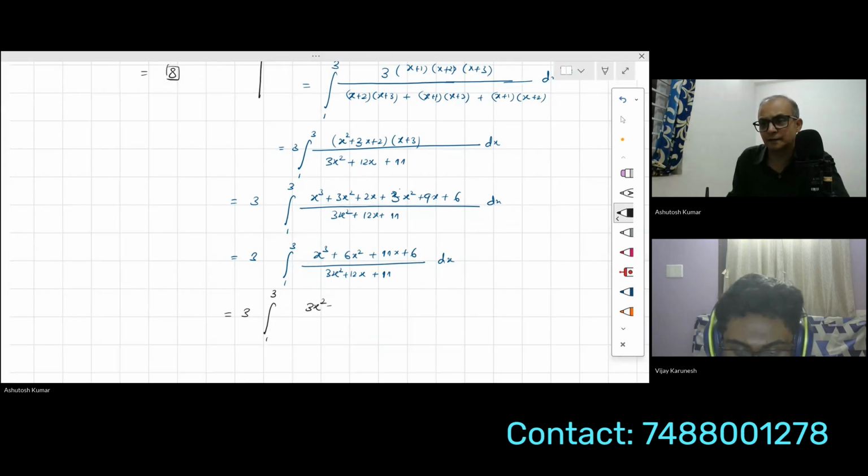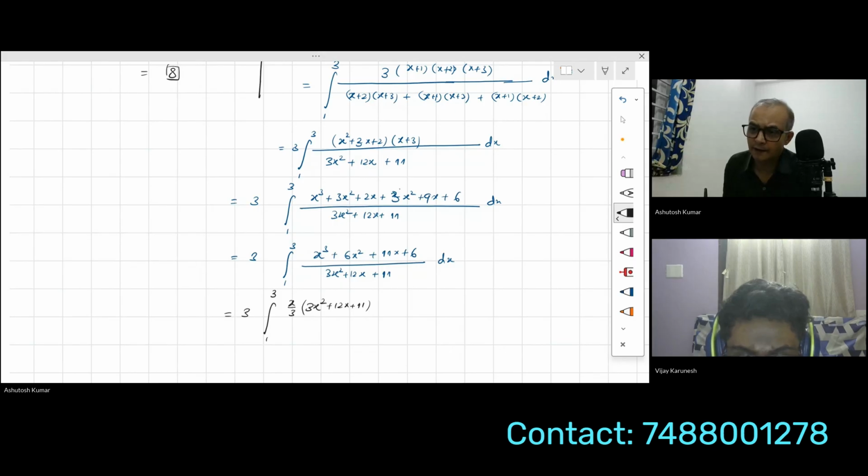What do we do here? Can we write this way? And divide by, this is multiplied by x by 3. Here we get 4x square, but I need 6x square, so I add 2x square.